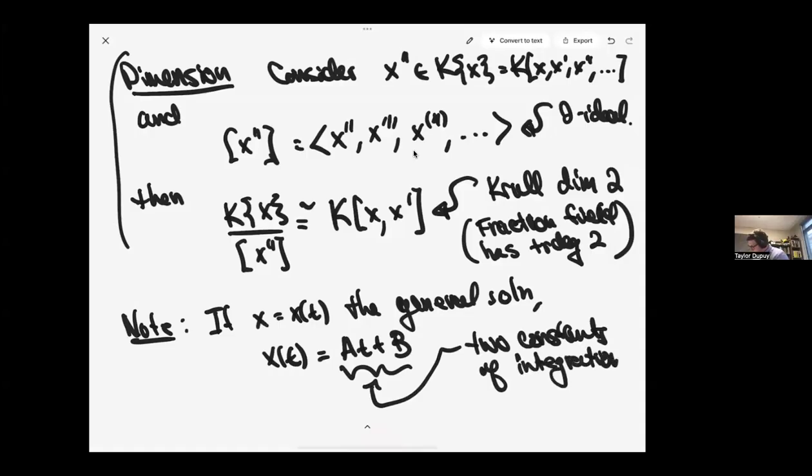So the Krull dimension of the ring has something to do with the number of constants of integration, and that's essentially what the Jacobi bound conjecture is going to be about. It's going to be about determining the dimension of a differential variety in terms of the orders of the differential equations.